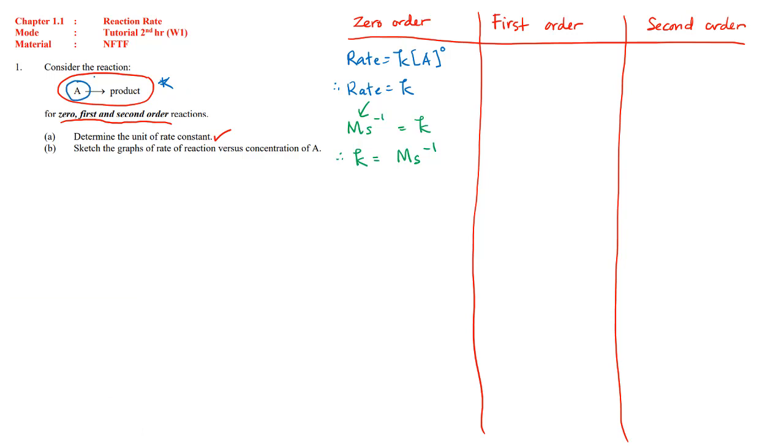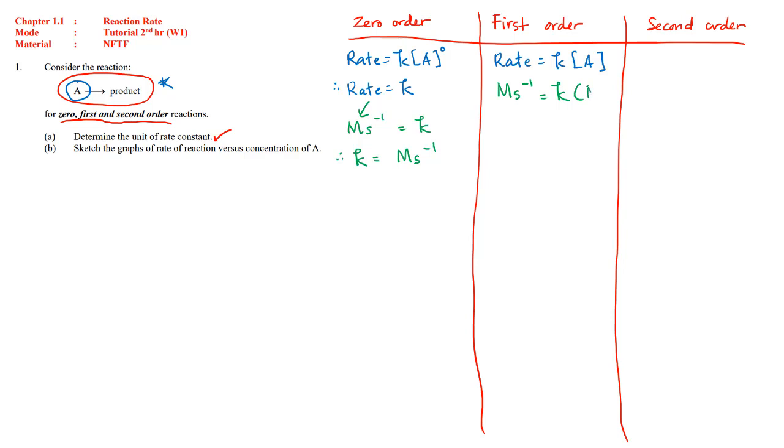If A undergoes first order reaction, thus the rate law equation is rate equals K times concentration of A. So tak payah buat power of 1. Understood? Ini adalah first order. Alright, so now let's derive the unit of rate constant. Molar per second equals K times the unit of concentration.